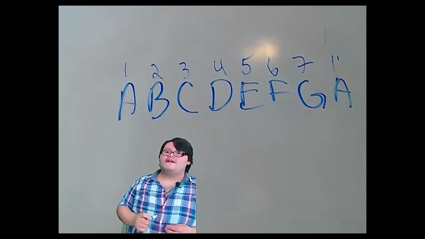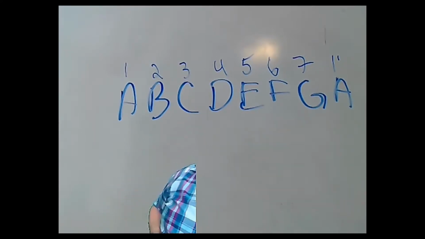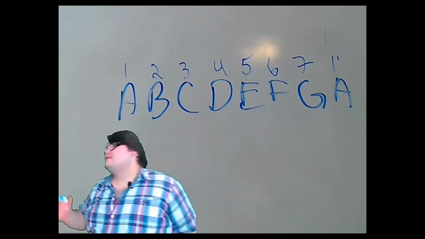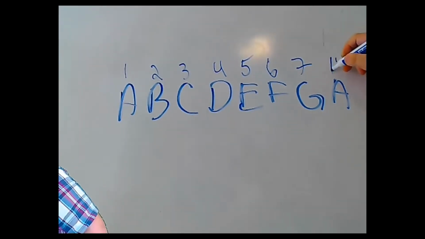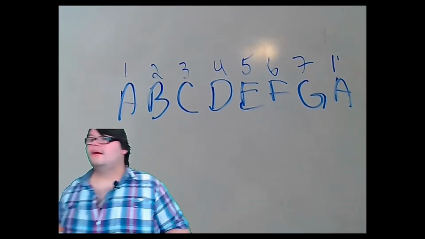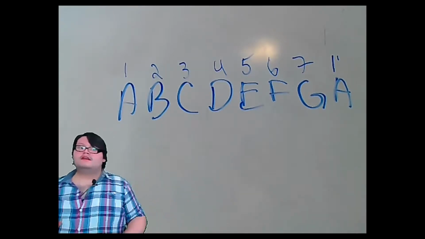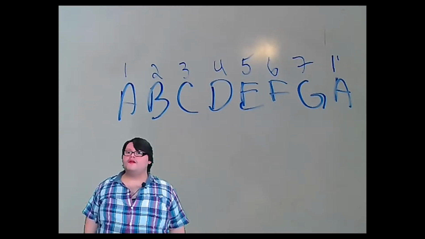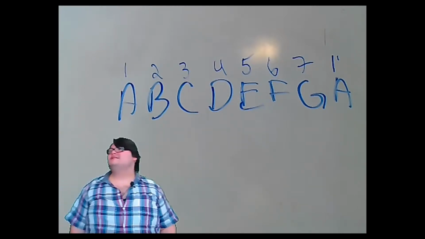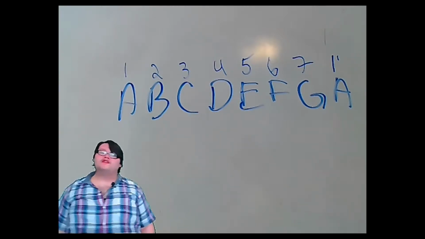Let me see how it shows up. I could darken the one. Now that looks better. So now we have to figure out how do we calculate the minor scale?